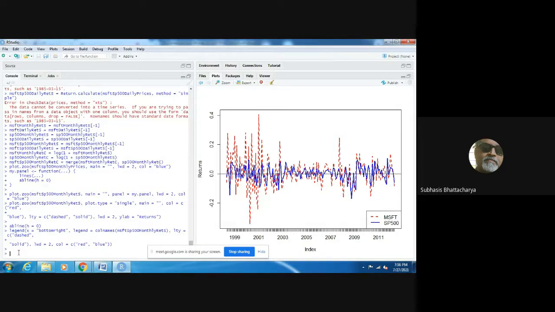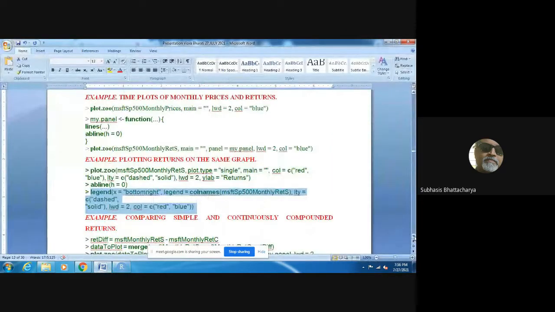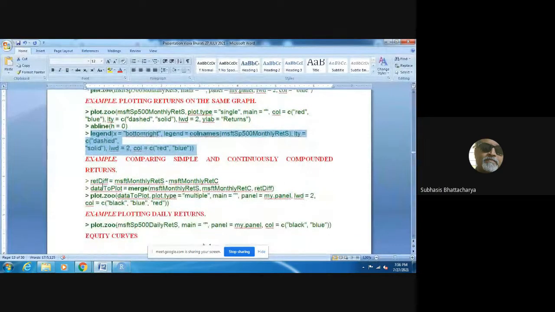So now we compare simple and continuously compounded returns. We consider the rate differential between these two.